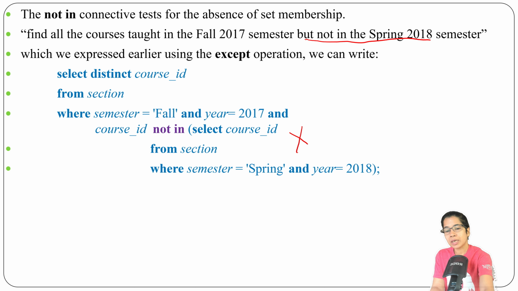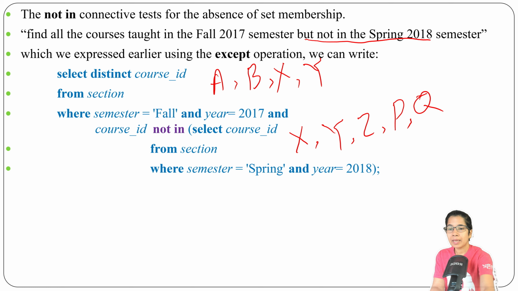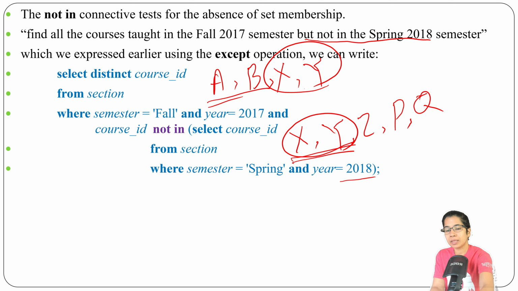Suppose here the spring 2018 course IDs are X, Y, Z, P, Q. Here let the fall 2017 ones be A, B, X, Y. Then it will display A, B, not X, Y, as X, Y are present in the spring 2018 semester. So it will show all the courses which were taught in fall 2017 but not in spring 2018. X, Y are common in both. Rather than X, Y there is A, B. It will show A, B but not X, Y.